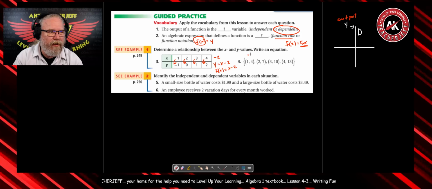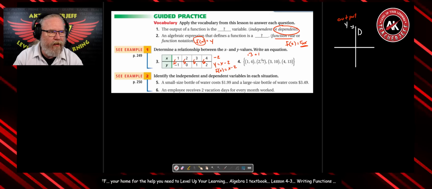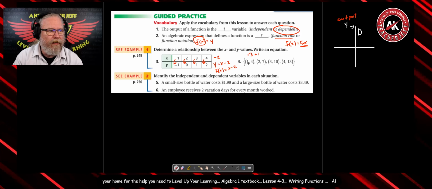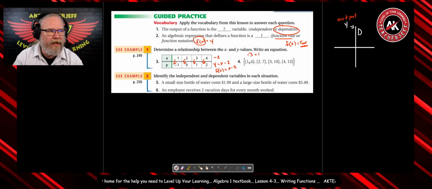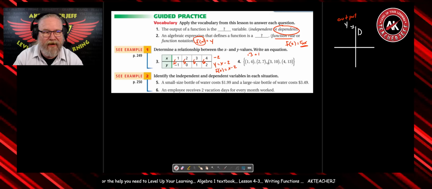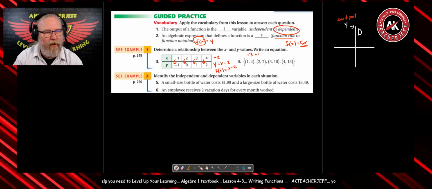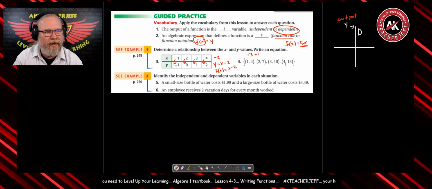It is multiply times 3 and then add 1. 1 times 3 is 3, plus 1 is 4. 2 times 3 is 6, plus 1 is 7. 3 times 3 is 9, plus 1 is 10. 4 times 3 is 12, plus 1.